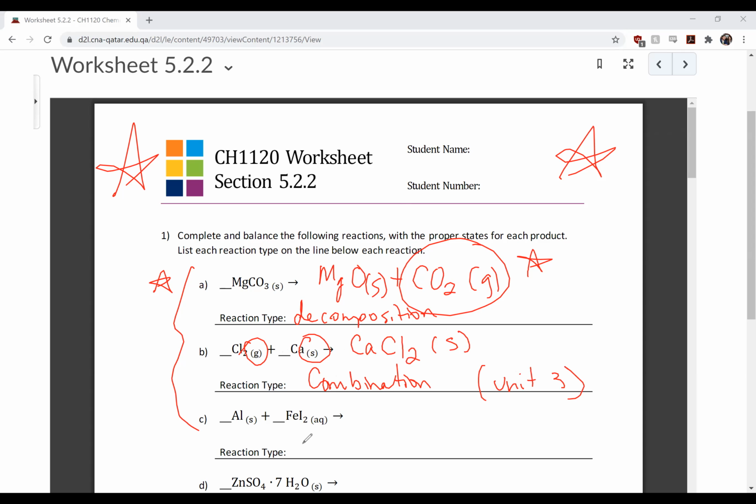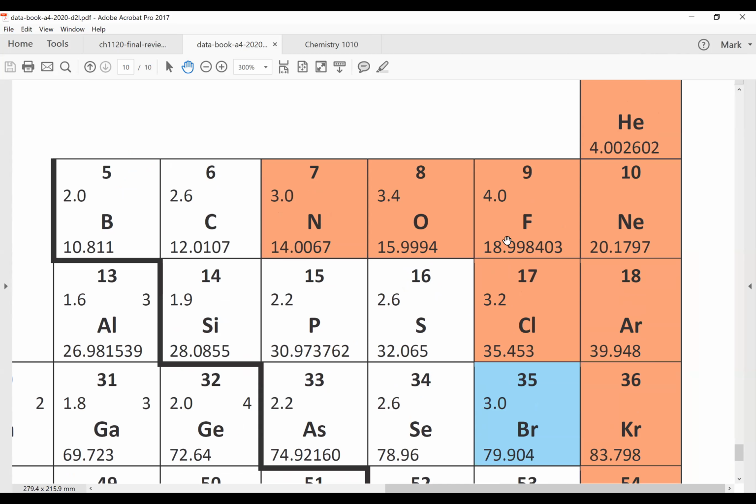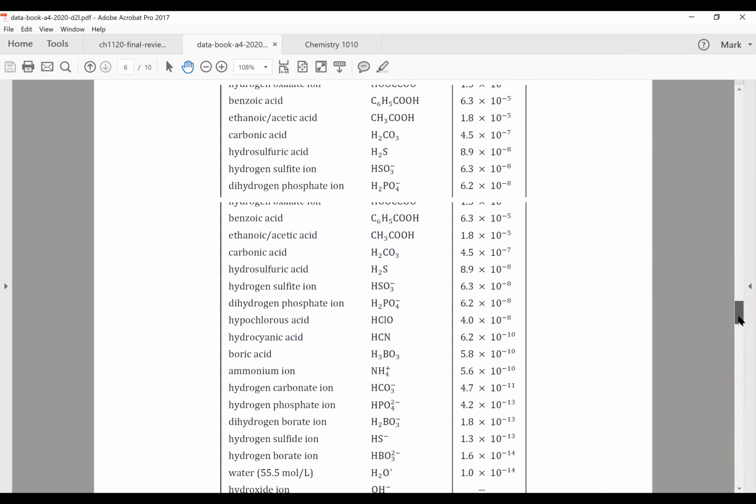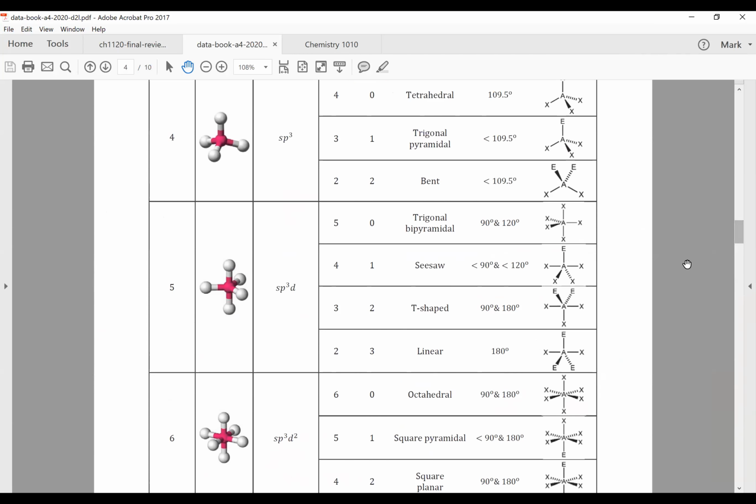Now question C would be what's called a single replacement. A single replacement is when one element tries to replace another element from a compound. So what I would do when I see a single replacement is I would open up my data booklet, and I would go to this table of single replacement things.